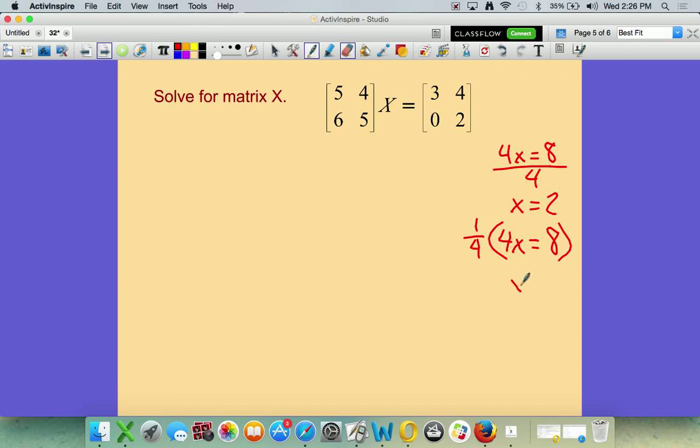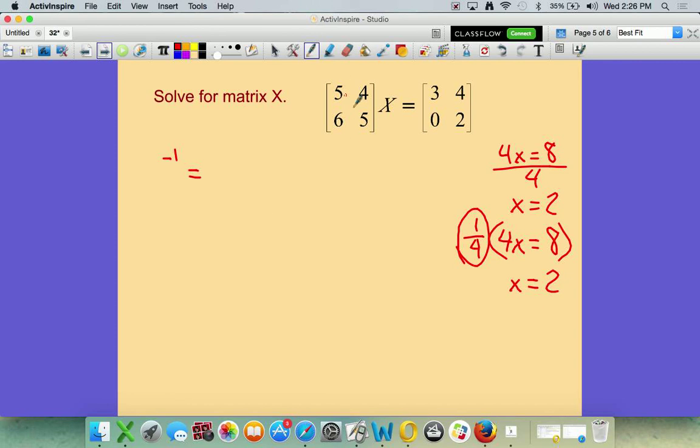Over here, we still get an x. Over here, 1/4 times 8 does give us 2. So it works for both ways, and that's the way that we're going to have to do it for this matrix. So our first step, remember this is like, well, find the inverse of this thing. So our first job is to find the inverse.